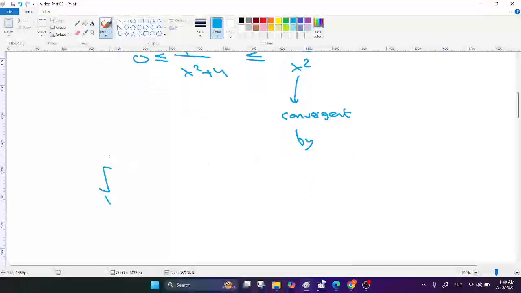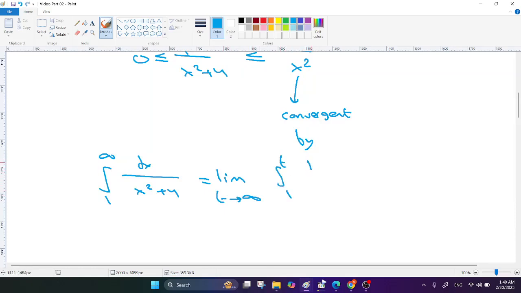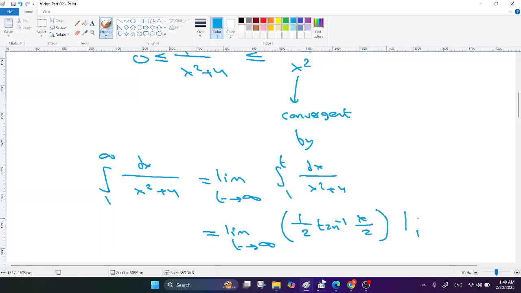So the integral from 1 to infinity of dx over x squared plus 4. We should use the definition. So write the limit as t approaches infinity of the integral from 1 to t of dx over x squared plus 4. This equals the limit as t approaches infinity of 1 over 2 tan inverse of x over 2, from 1 to t.